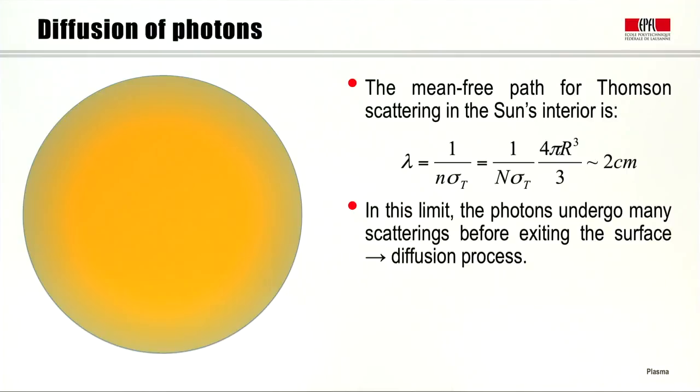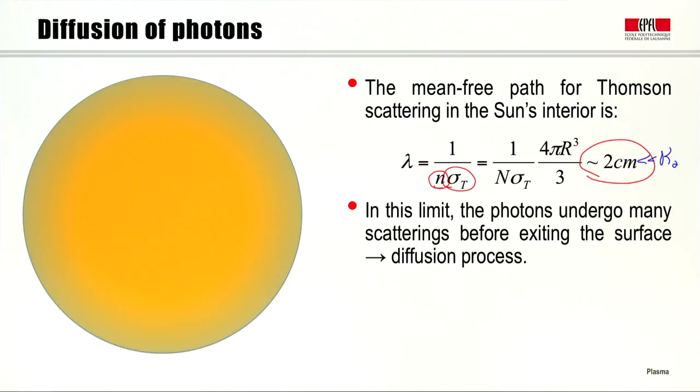The mean free path will depend inversely upon the local density of the plasma and the Thomson scattering cross-section. Now, if we plug the numbers into this formula, we realize that the mean free path for Thomson scattering is extremely small, of the order of a centimeter. This is much smaller than the Sun radius.